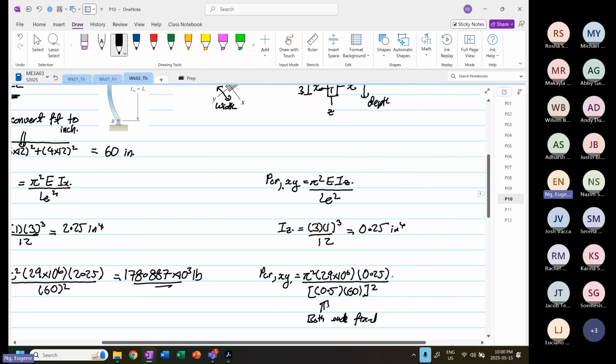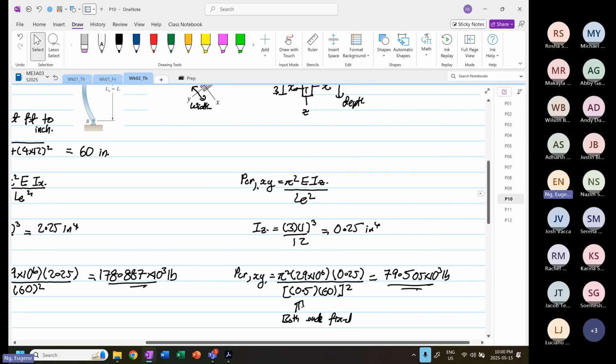So our critical load is equal to pi squared times 29 times 10 to the power 6 times 0.25 divided by 0.5 divided by 0.5 divided by 60 divided by 60, which is equal to 79.505 times 10 to the power 3 pounds.